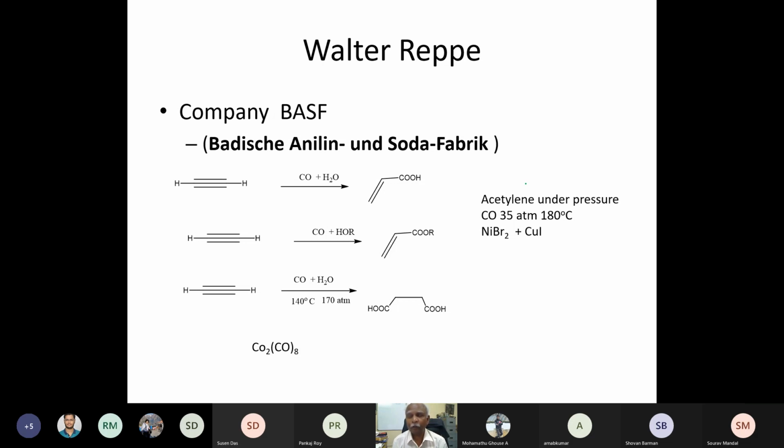The company that introduced it is BASF. I have already told you about BASF in the first slide, where I said that they held the original patent for using a cobalt catalyst for making acetic acid.